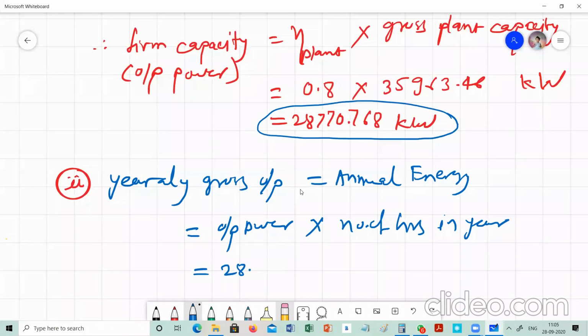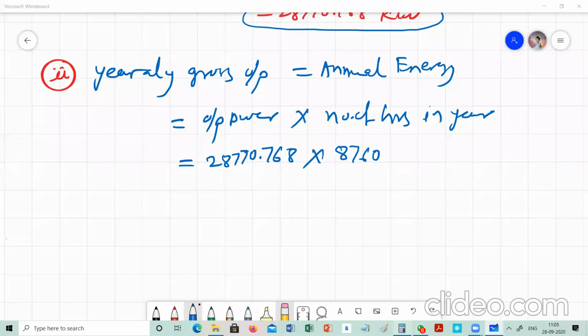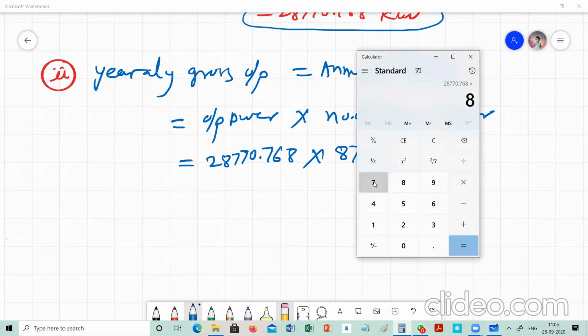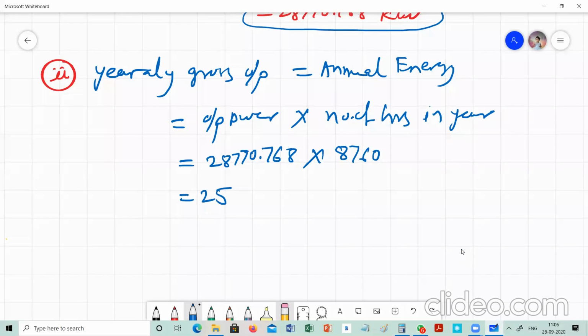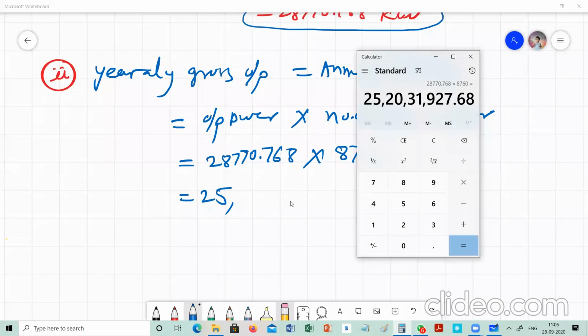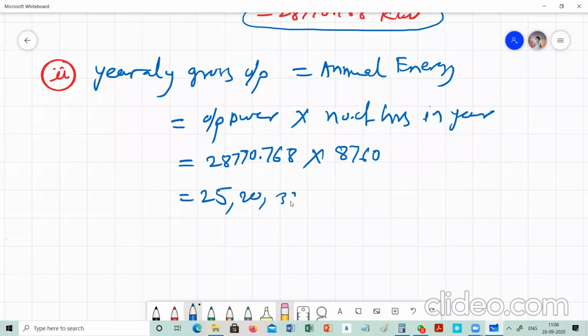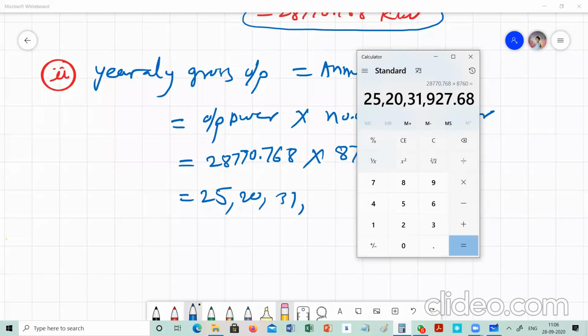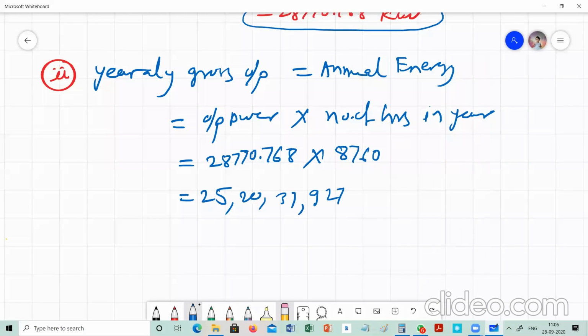Output power, that is firm capacity, is equal to 28,770.768, into number of hours in a year, which is 8760. This is equal to 25 crore, 25,20,31,927.68.